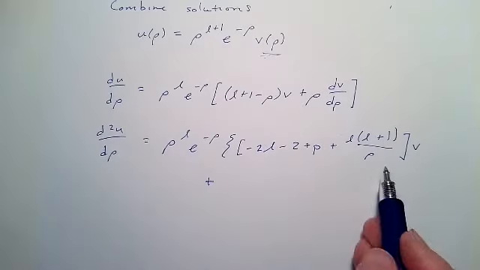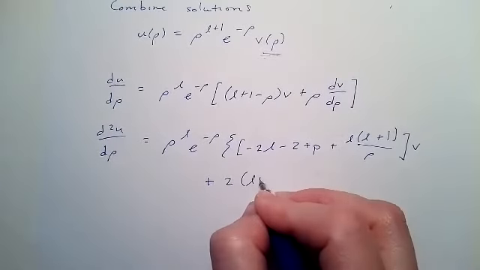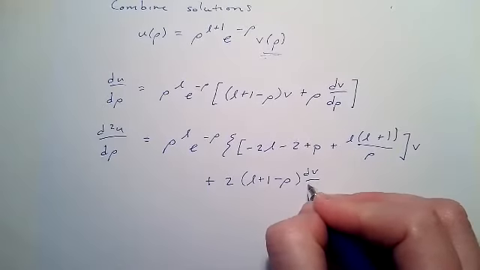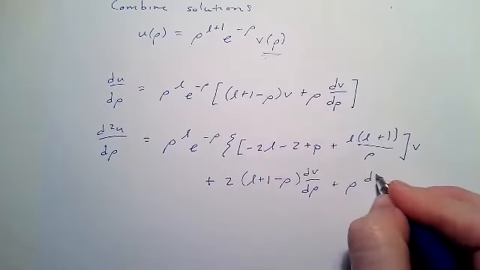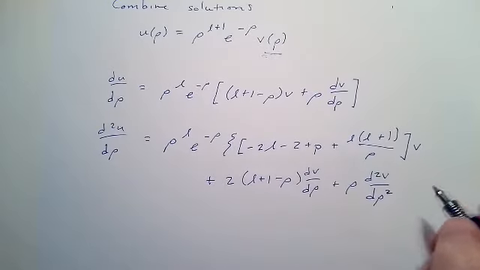Wait, there's more. So that's our first term. Then our second term is going to have a 2L plus 1 minus rho dv d rho. So this looks very messy, very ugly. A lot of terms there.